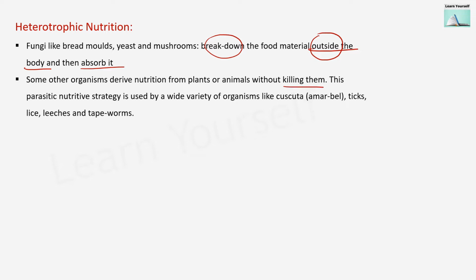This parasitic nutritive strategy is used by a wide variety of organisms like cuscuta, which we call amarbel in Hindi, and ticks, leeches, lice and tapeworms. All these parasites absorb nutrition from the host, but they keep it alive. They will not kill it, so that they keep on getting nutrition from the host organism.